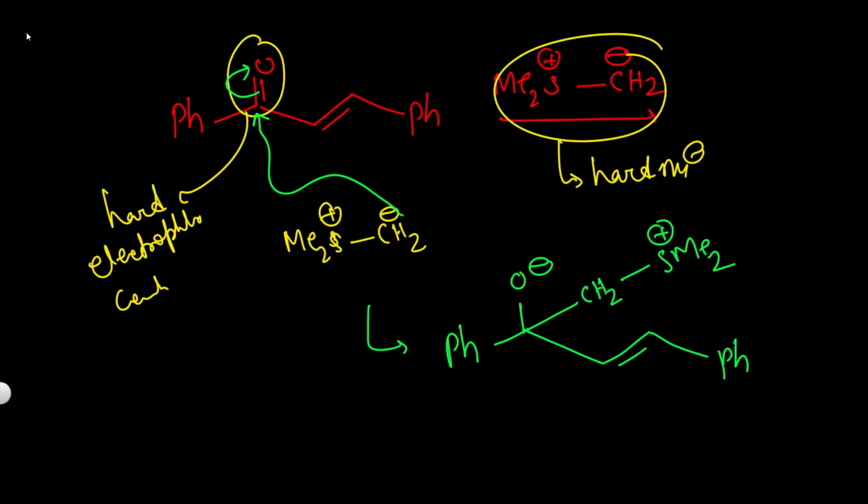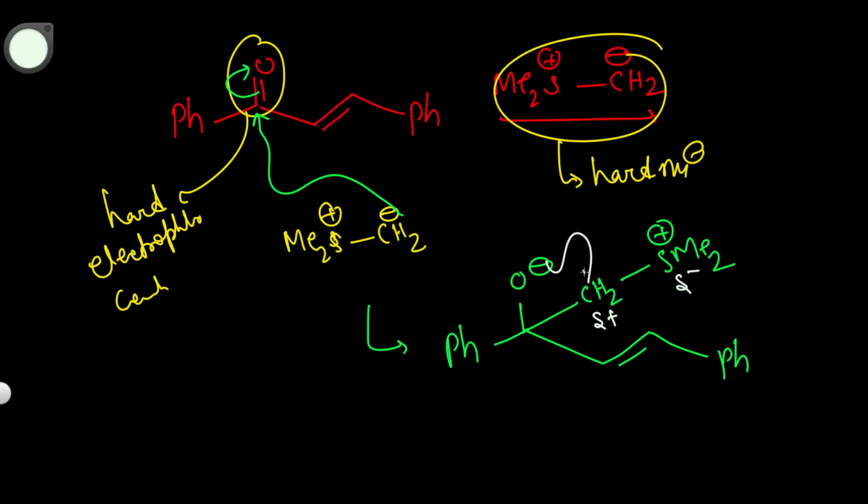And as you all know, between the carbon and the sulfur, sulfur is more electronegative. So here is a delta negative, and here is a delta positive, because sulfur got a positive charge. So we have to stabilize it, we have to make it leave.